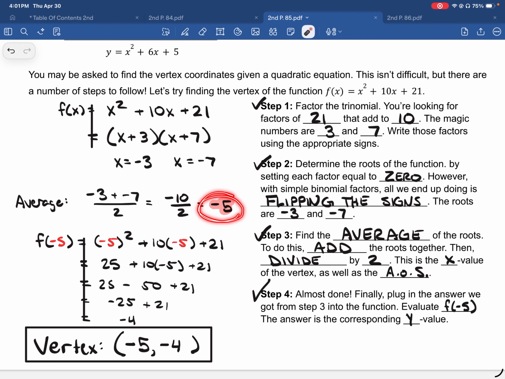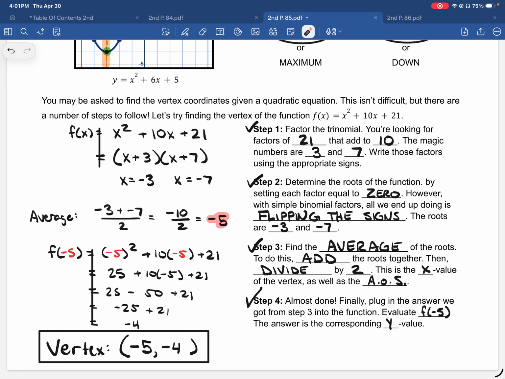The answer you got from step 3 is the x-coordinate. The answer you got from step 4 is the y-coordinate. One thing to keep in mind, this number, -5, is your axis of symmetry, which is the number in the dead center of -3 and -7. -5 is the midpoint from -3 to -7.